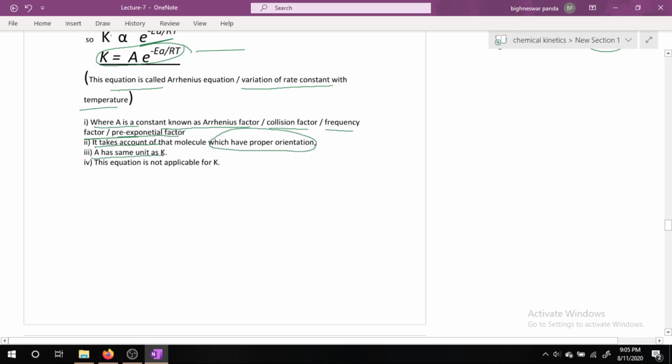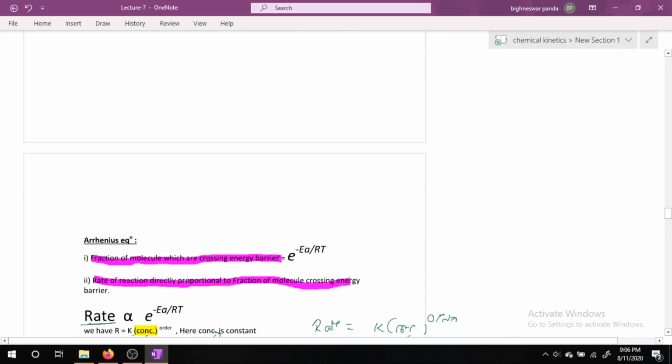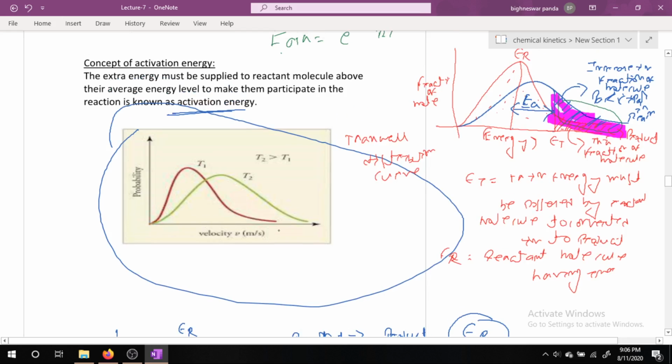A has the same unit as K. This equation is not applicable to radioactivity reactions. So this is all about the nth order Arrhenius equation.